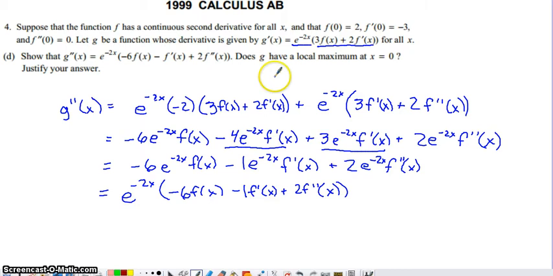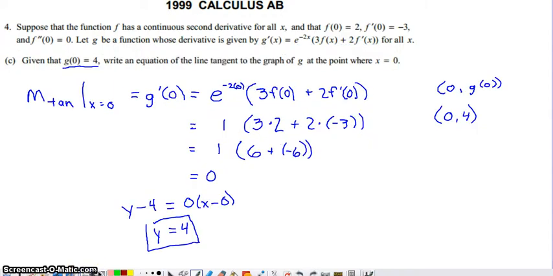Now the secondary question here is, does g have a local maximum at x equals 0? I'm going to quickly refer back to something that I'd done in a previous video from part C. We computed g prime of 0 in part C in order to develop the equation of our tangent line, and we figured out that g prime of 0 is 0.